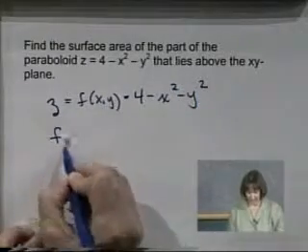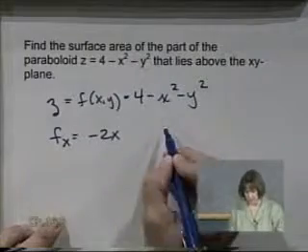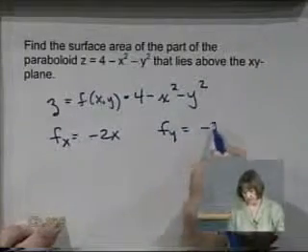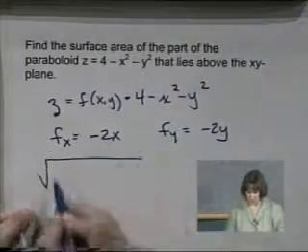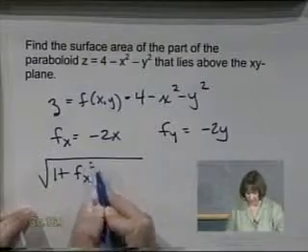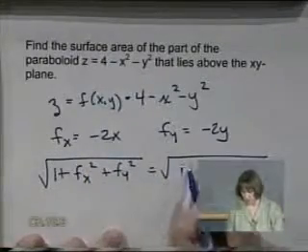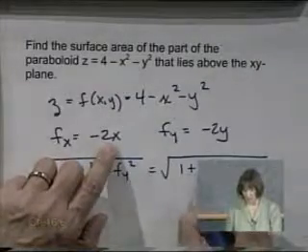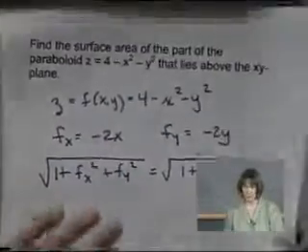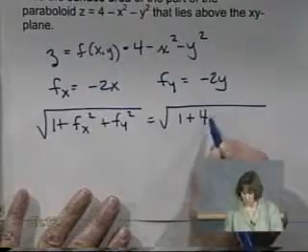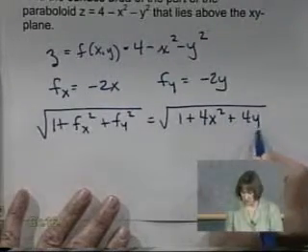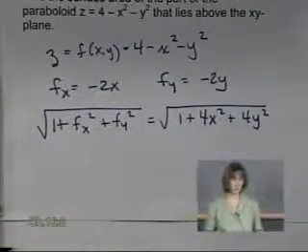So my fx is minus 2x and my fy is minus 2y. So the square root of 1 plus fx squared plus fy squared is the square root of 1 plus 4x squared plus 4y squared. So that part's easy.